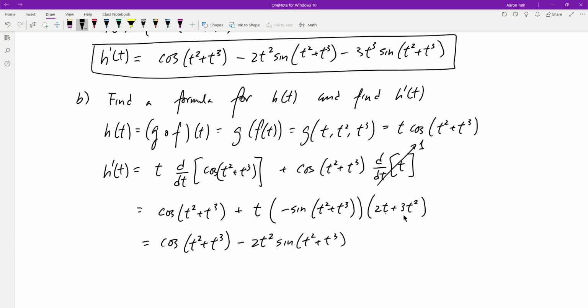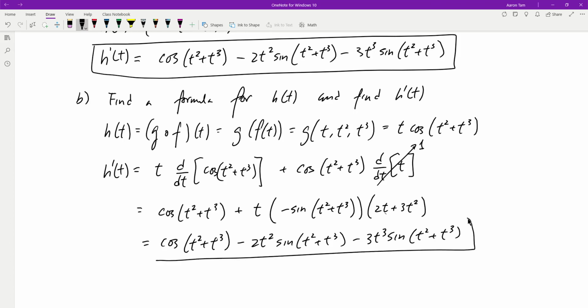And then t times 3t squared is 3t to the third, with the negative, meaning minus 3t to the third sine t squared plus t to the third. Notice that this gives us the exact same thing. Now, this still requires the chain rule, but it's the chain rule from BC calculus, which does not require the dot product between a gradient and the tangent vector. That's the difference. Okay.